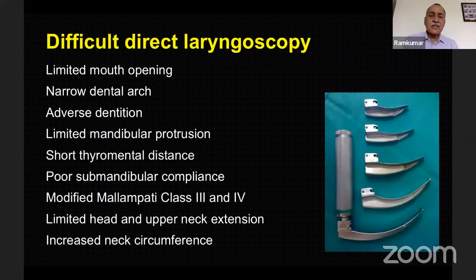Now, what are the anatomical factors that will hinder direct laryngoscopy? Now, you know that to perform a direct laryngoscopy, you need to have adequate mouth opening, enough space for you to introduce the blade of the laryngoscope.